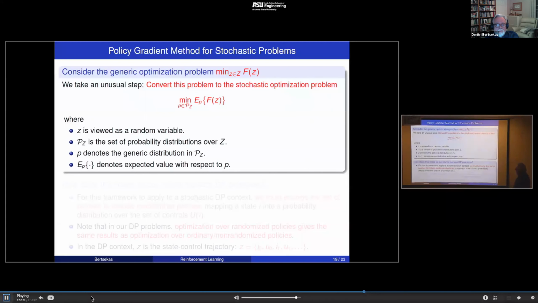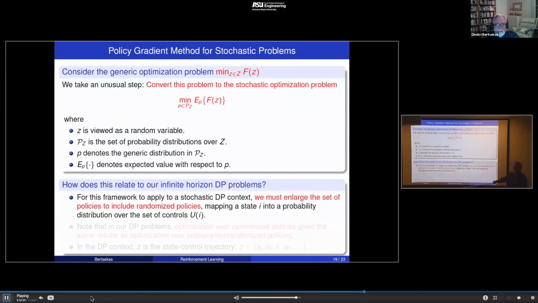Okay. So what does this have to do with our infinite horizon dynamic programming? How do I randomize a dynamic programming problem? I'm talking about the infinite horizon discounted problem. It already has some stochastics in there through the transition probabilities, but the variables of optimization, which are the controls, are deterministic. At every state, you apply a single control.